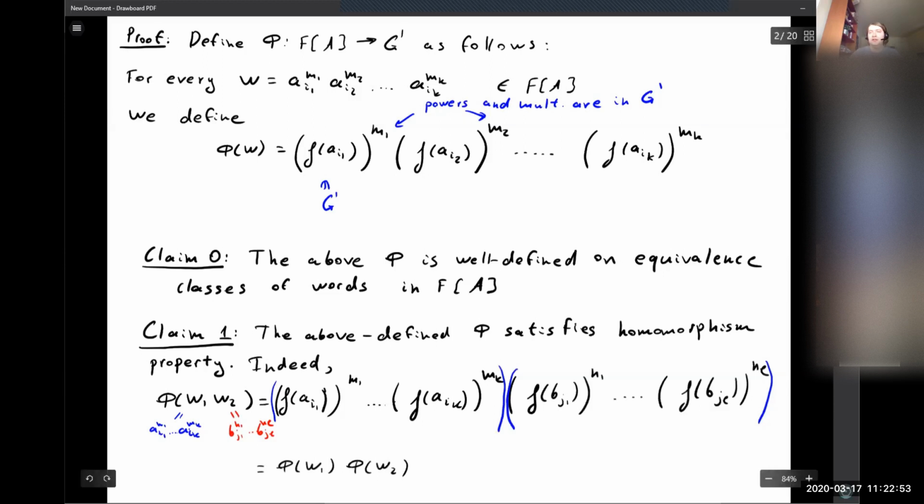Okay, so claim 0 and claim 1 all together imply existence. Before I move on to the next slide, any questions about claim 0 or claim 1 in the proof?